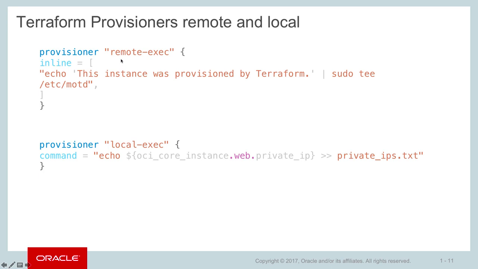I can also do a remote-exec, where remote-exec means you can execute that action inside of the instance that you're provisioning. So in this case, we're just adding that information to a file called etc mod d inside of the machine that I just created, right? So this is how we can invoke those provisioners.